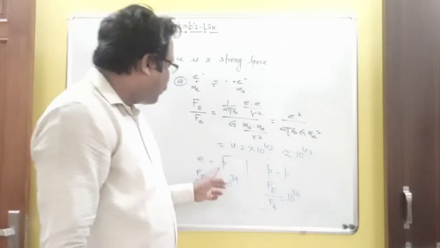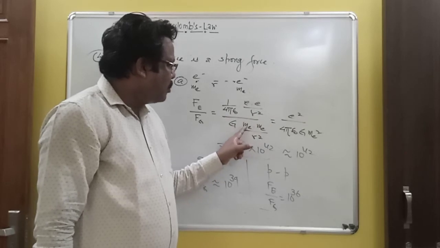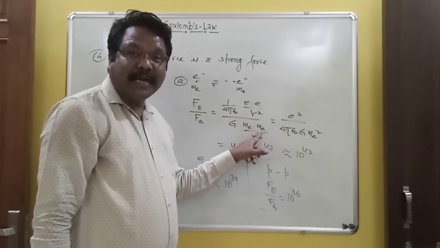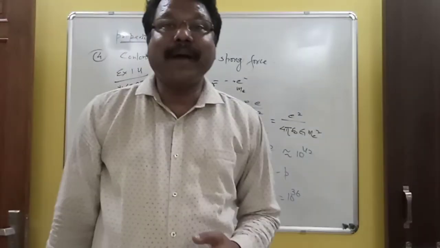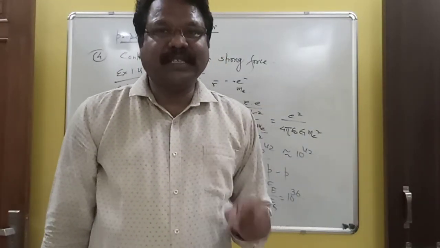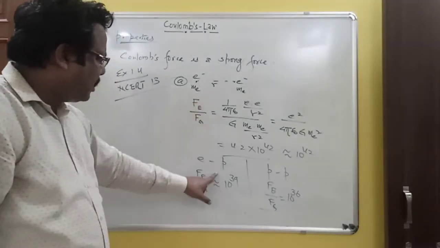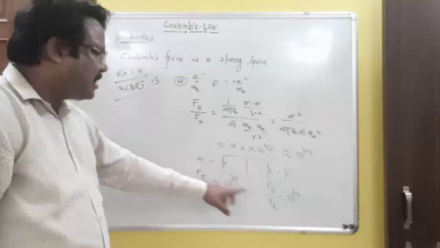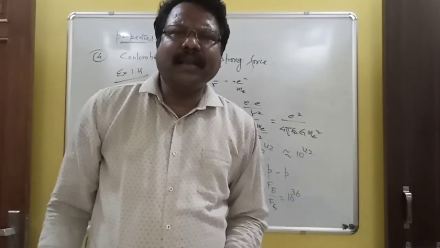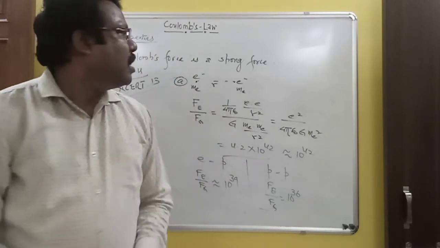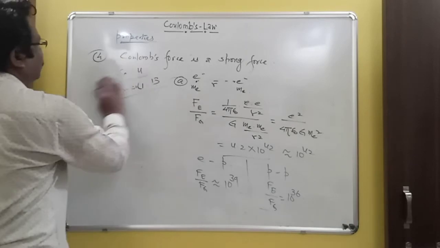If I take electron and proton, it becomes me mp, the charge remains the same, and the mass of proton is 1.67 into 10 to minus 27. When you put this value here, you will get this ratio Fe by Fg of the order of 10 to 39, and this is calculated in detail in the NCERT book, page number 13. Okay, so this was also a very good property of Coulomb force, that Coulomb force is a strong force.